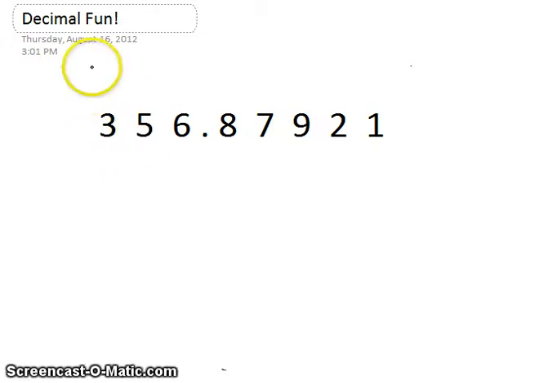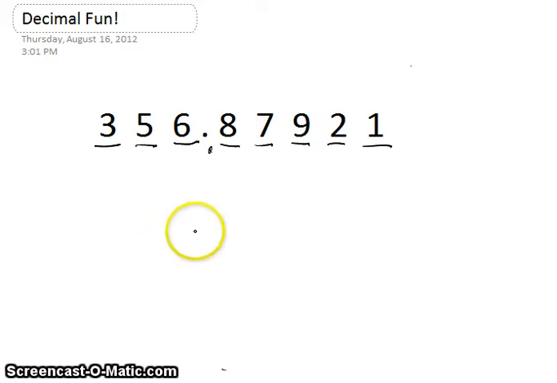Hundreds, tens, ones, decimal point, tenths, hundredths, thousandths, 10,000ths, 100,000ths, and it would go on and on. Let's say in this one I want you to round to the nearest hundredth. The hundredth, if you don't remember, tenth, hundredth, so it's right here. Round to the nearest hundredth.